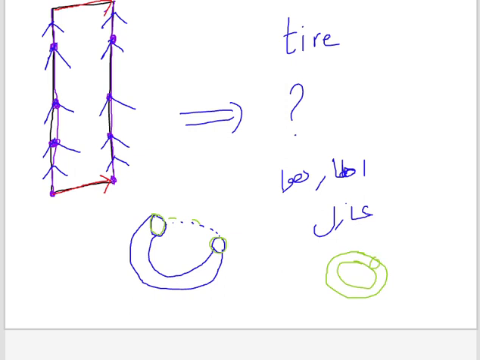Okay. For the car, you have tire. Then rectangle under this equivalent relation became tire. Okay.